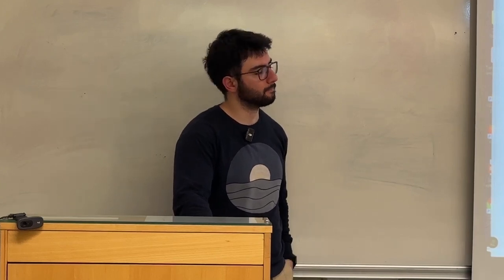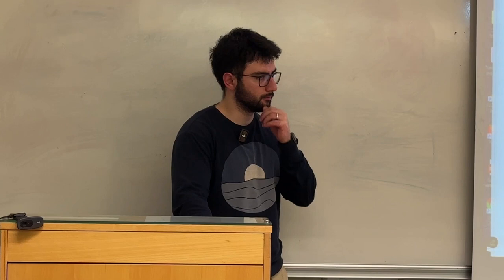Any other questions? First of all, thank you for the talk. It was very clear and concise. The question was not about the model actually, but about the search methods.